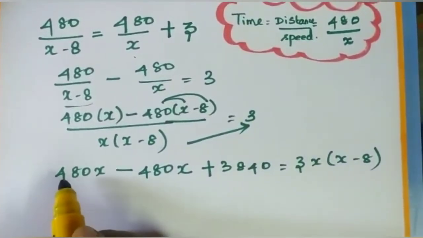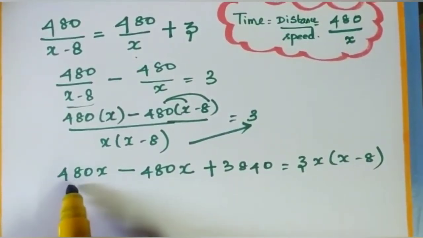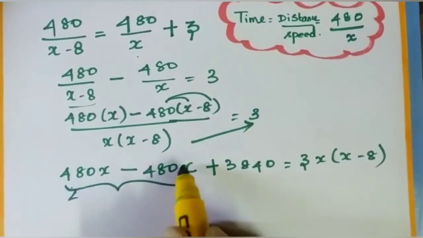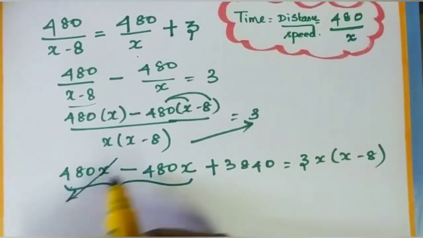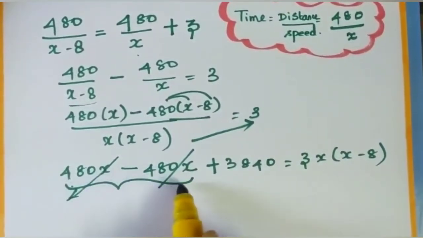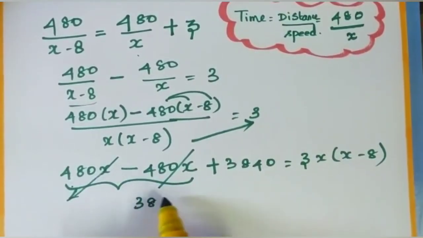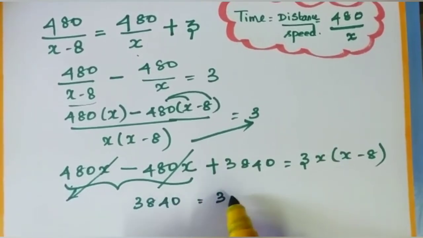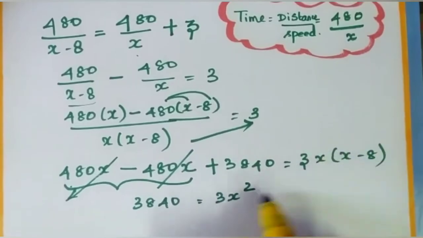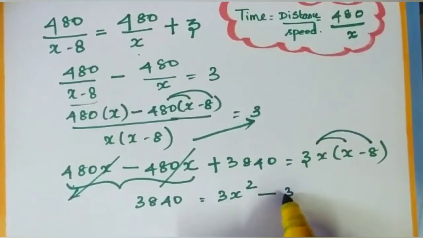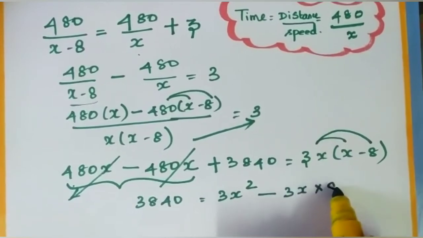Okay, and this is positive and this is negative, so we can cancel it. So we don't have the x term here. The remaining is 3840 is equal to 3x square minus, multiplying inside the bracket, 3x into 8.